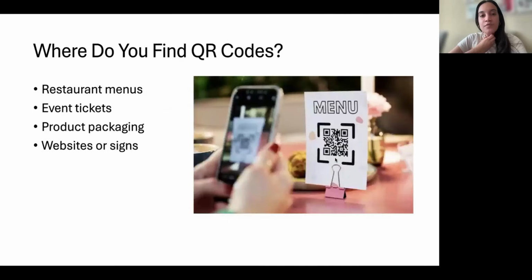Most of the time, QR codes are going to be found on restaurant menus, product packaging, websites, flyers, and now mostly event tickets. Maybe you've been to a Broadway show recently or a sports game, a concert, and so on.